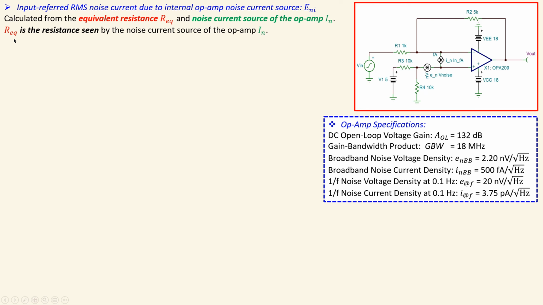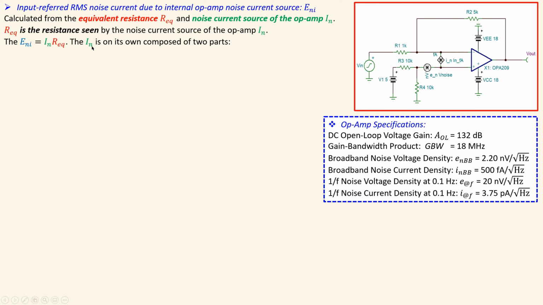Then we will use Ohm's law: the input referred RMS noise voltage will be the noise current source of the op-amp in RMS times this equivalent resistance.